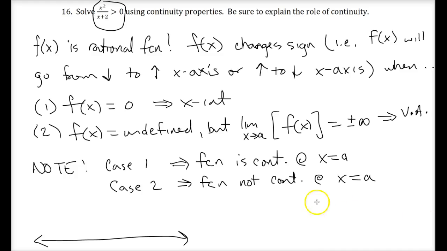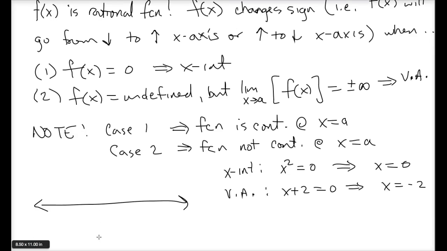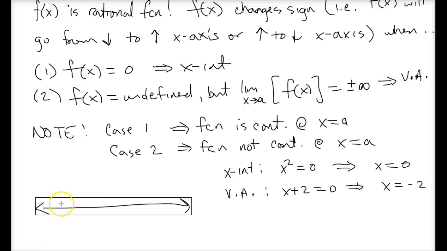So for the zeros of the numerator, for our x-intercepts, we know that x squared has to equal 0, and of course if we solve that, x is just 0. For our vertical asymptotes, we know that x plus 2, if that's 0, then x has to equal minus 2. So at -2 and 0, those are going to be our partition numbers on our real number line.